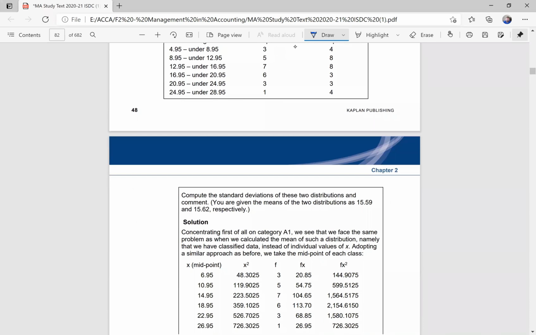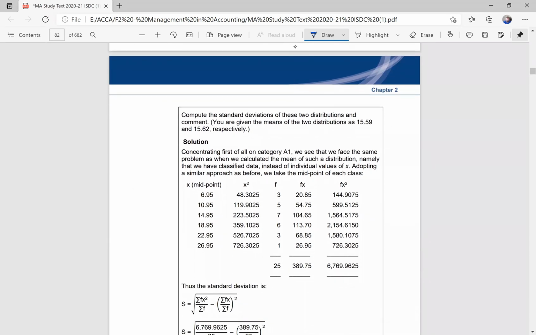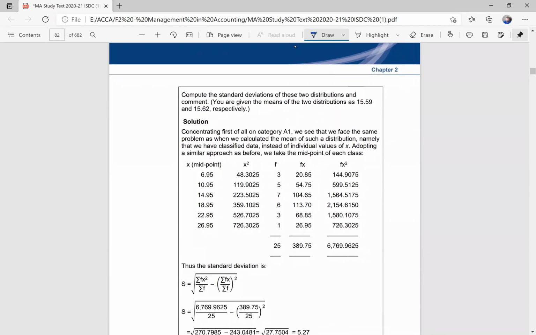Now coming towards the computation, you first compute the midpoint of the ranges. After that, you square that midpoint to compute x squared. For f, you just line it up, multiply it by x to get fx, and add the total of fx.